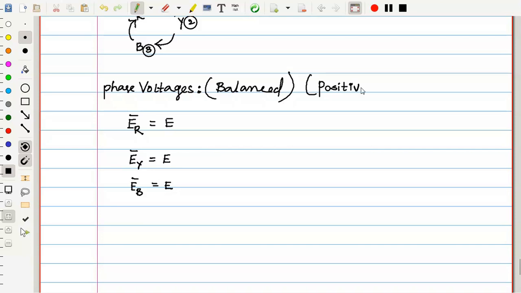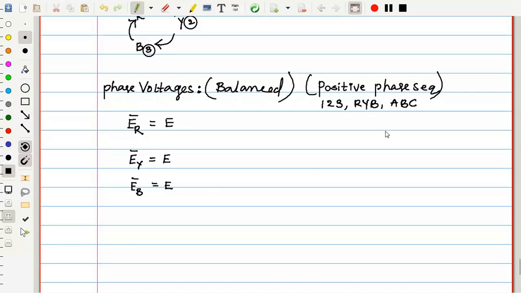Positive phase sequence. That is nothing but, you can call it the 1, 2, 3 phase sequence, or the RYB phase sequence, or the ABC phase sequence also. If you consider R is equivalent to A phase, Y is equivalent to B phase, and B is equivalent to C phase, you can consider any of these notations.